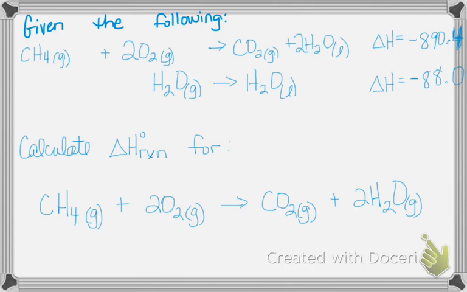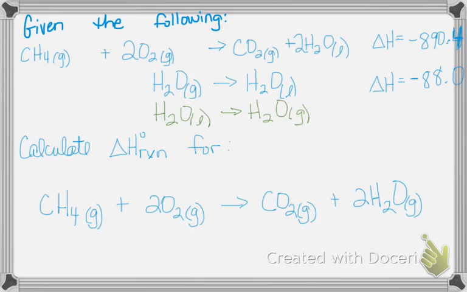Does that make sense? Ish. Okay, fair enough. So what I'm going to do, y'all, is take the H2O gas to H2O liquid, and I'm going to change it around to say H2O liquid makes H2O gas.